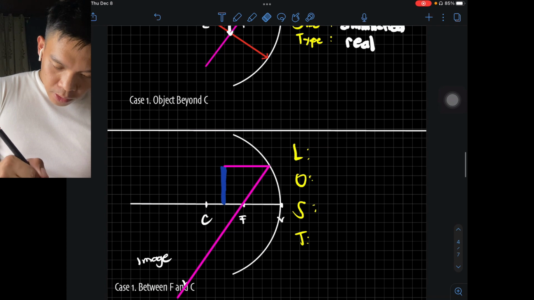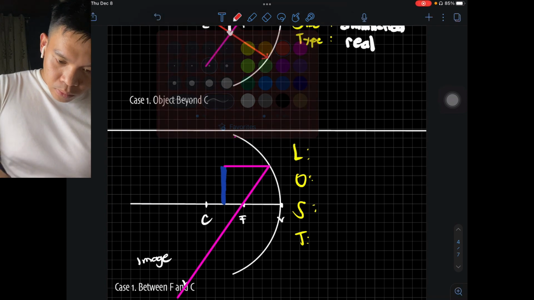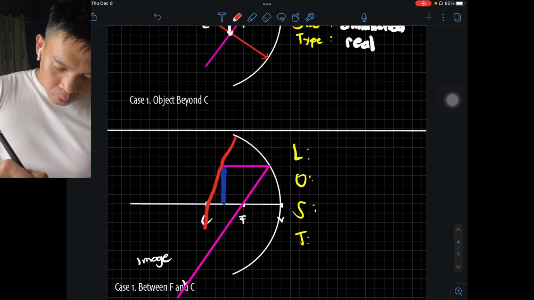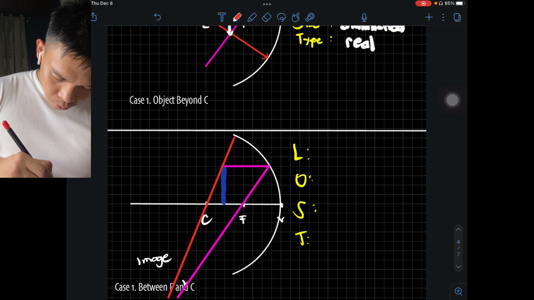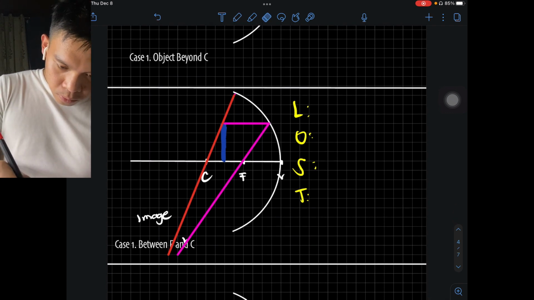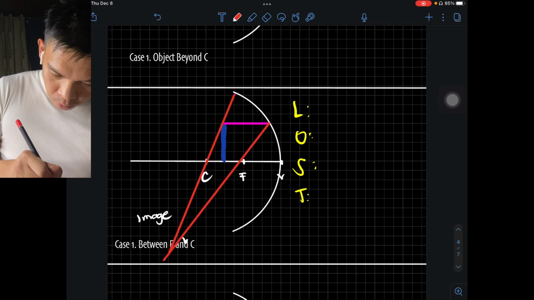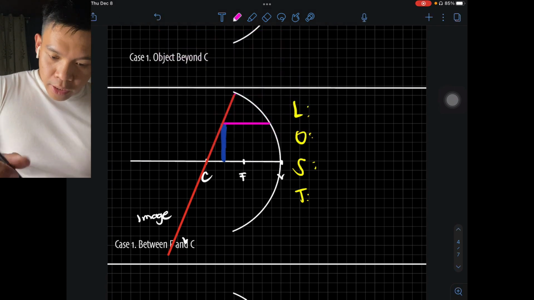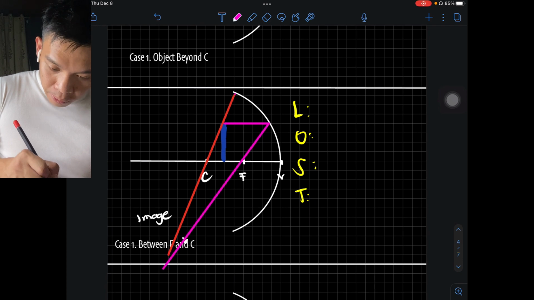Let me do a counter check for this one. Because there are times when we need an approximate value for it to appear properly.